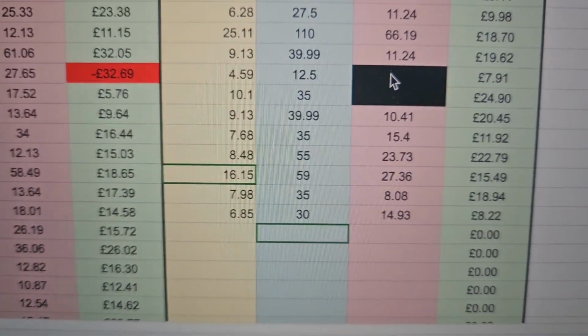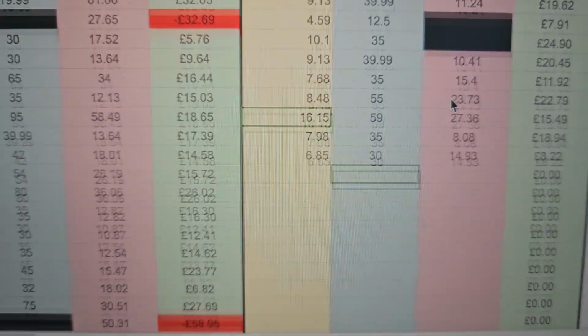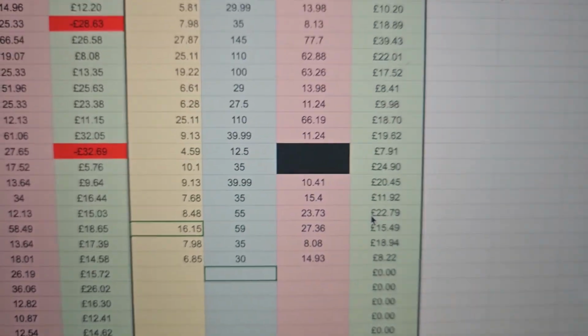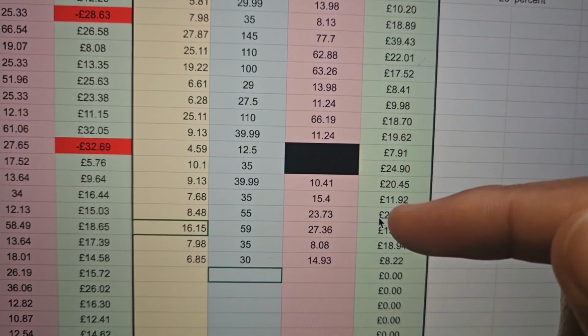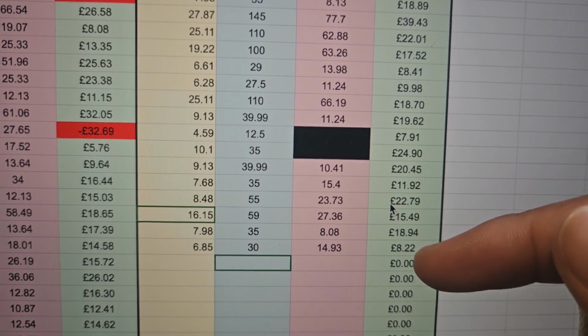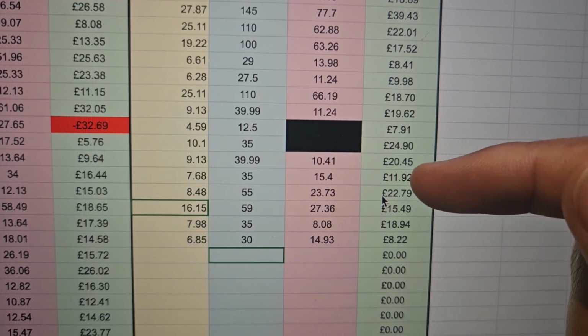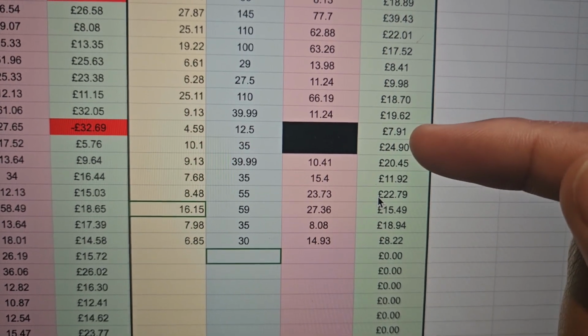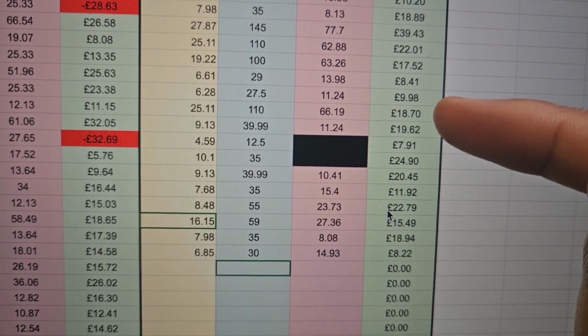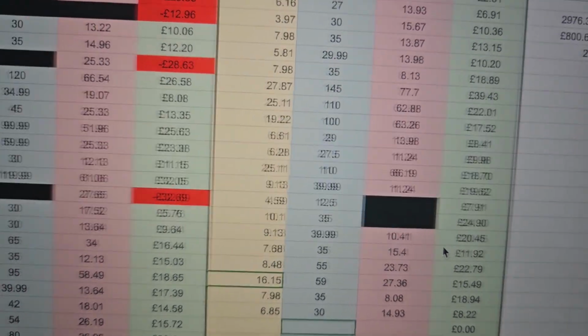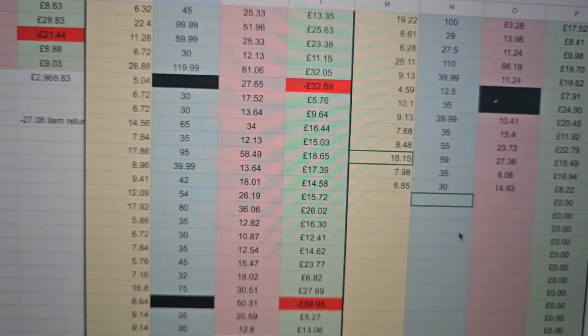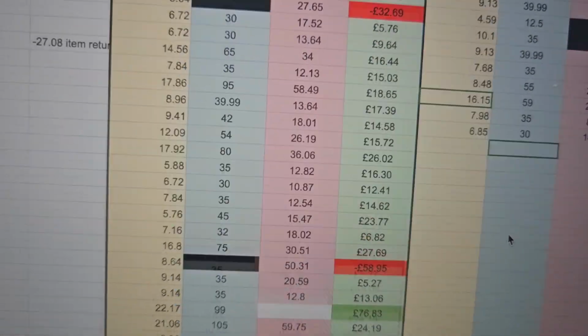But look at every single sale price, and more importantly, for every single month, look at the profit figures. I want to kind of focus in on this, okay? So we've got 18, 8, 15, 22, 11, 24, 20, 7, 19, 18, 9... The reason why I point this out is because I hear so many people saying you can't make big profits with eBay.